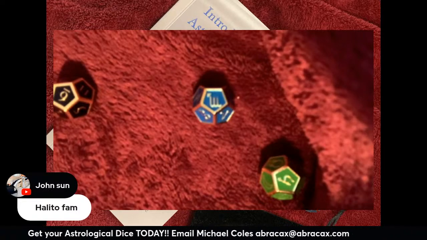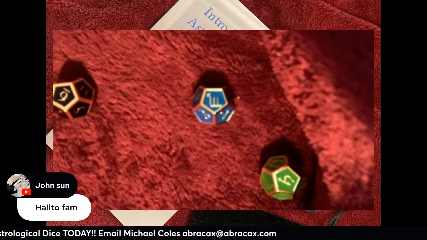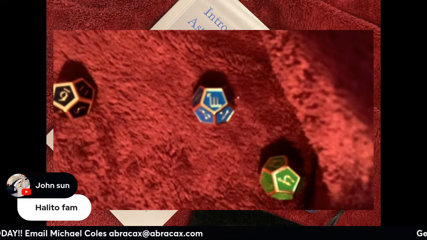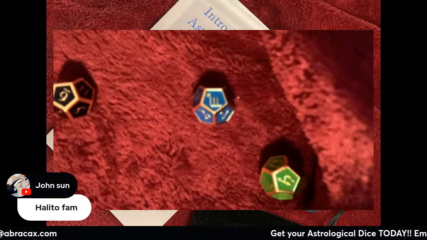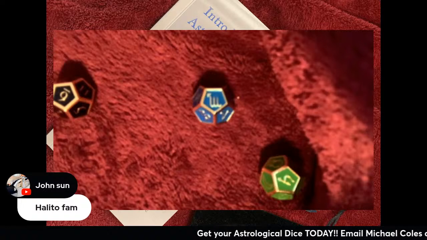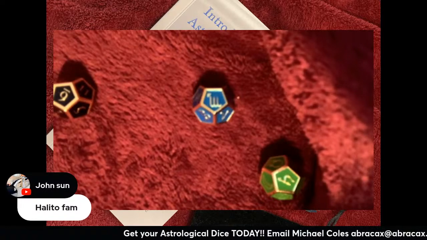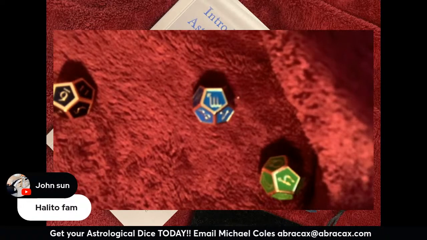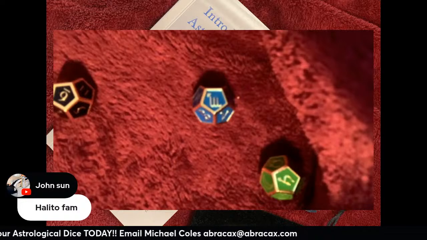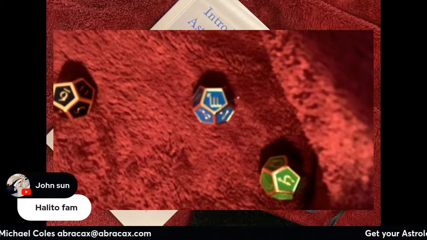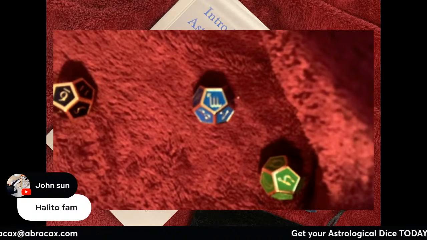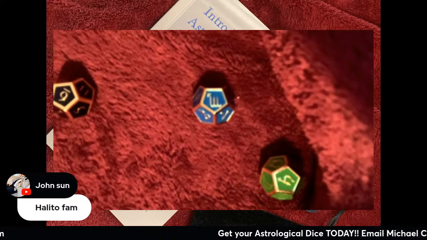So we are reading the planet first. Remember, the green dice first. So on my green dice, we have Saturn first. Now, this means going over to the Saturn page. There's a chart in here, and you read the chart for information.